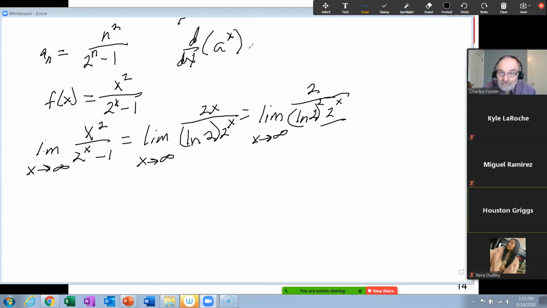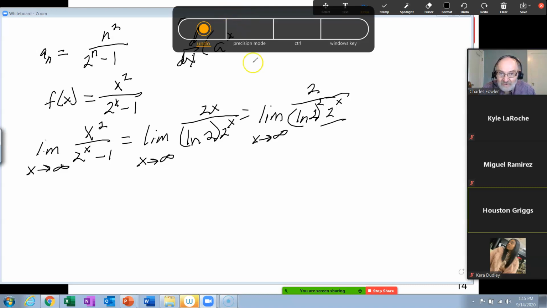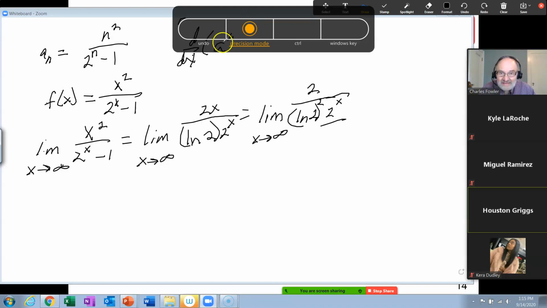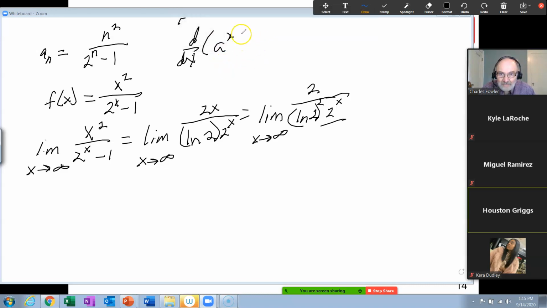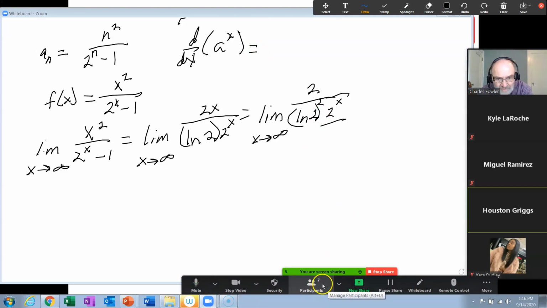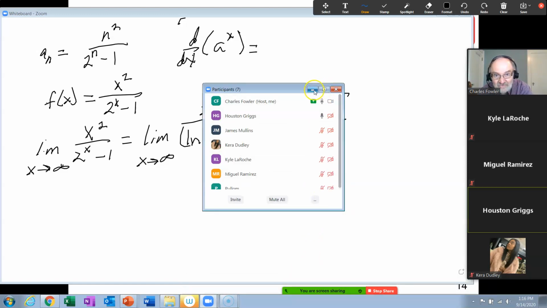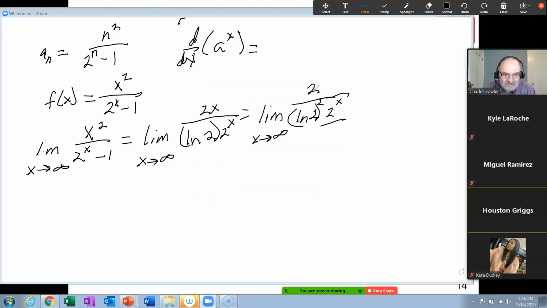Okay, here is the rule for taking derivative of an exponential function. I swear this thing is such a pain in the neck. Okay, you probably couldn't see all that, but it's a pain in the neck on my part. It is the derivative of a to the u, or a to the x. And there, I don't know what these noises are. Does anyone have a clue? Are people chatting with each other? Yeah, messages. Okay, that's fine. Y'all, that's perfectly fine. I'm trying to see if it's anything to me.